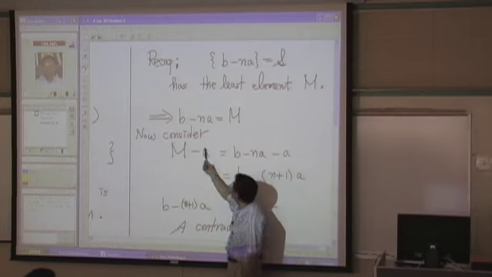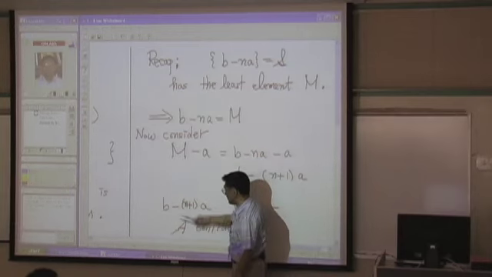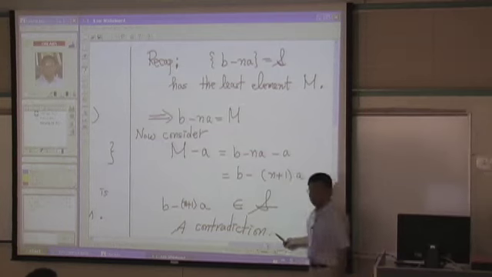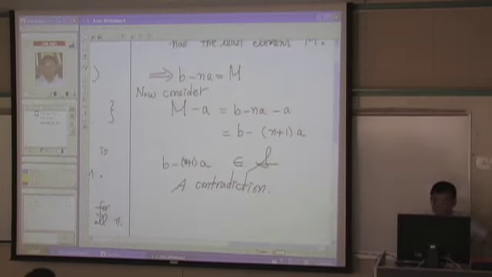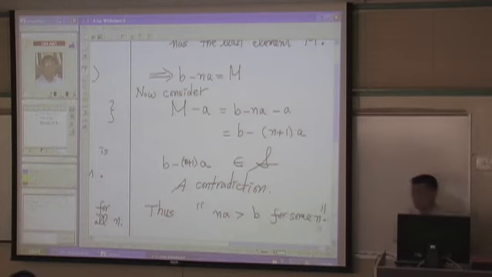M minus a is smaller than m. In other words, we have a contradiction. Thus, the result cannot be false. Thus, this should be true. Right? This should be true.